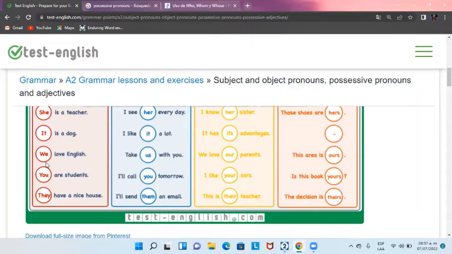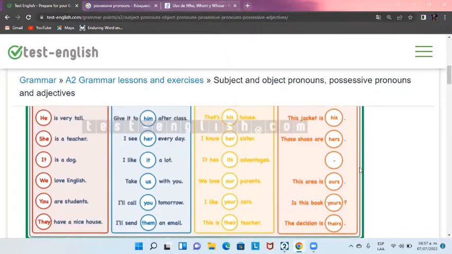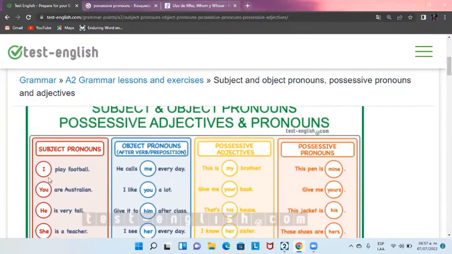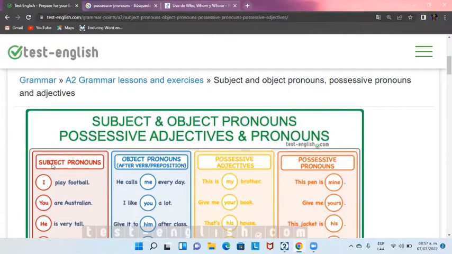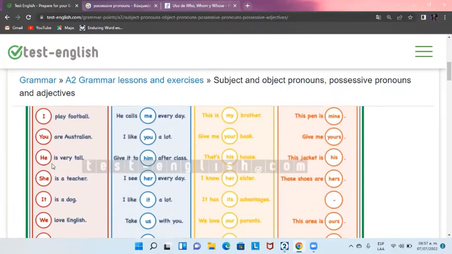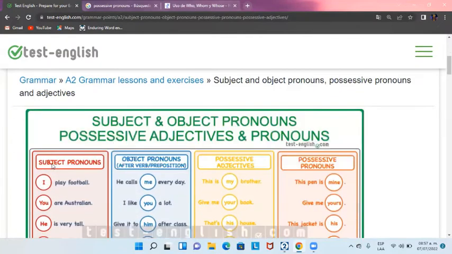Fabian and I love English. We love English. You are students, and they have a nice house. All those pronouns that start at the beginning are called subject pronouns. We know all this information.